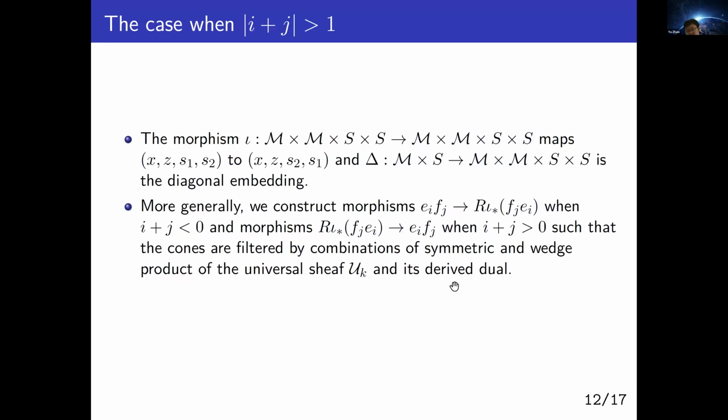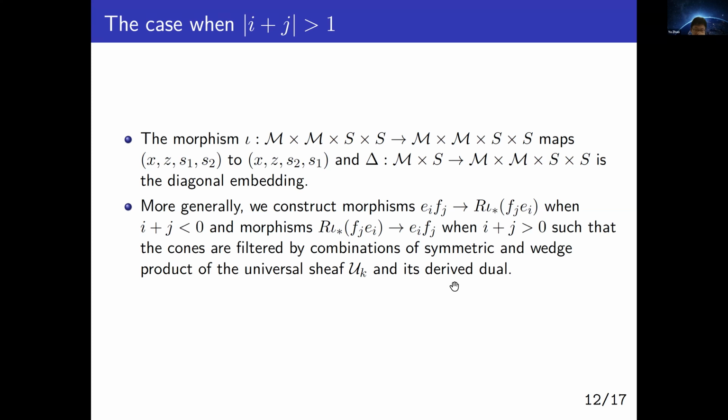We have already explained the cases where i plus j equals minus 1, 0, and 1. So what will happen if i plus j is greater than 1 or smaller than minus 1? In general, we will always have a morphism from E_i F_j to F_j E_i when i plus j is smaller than 0, and the other direction, F_j E_i to E_i F_j, when i plus j is greater than 0. Moreover, we can make a filtration of the cones by combinations of the symmetric and wedge products of the universal sheaves U_K and its derived dual.